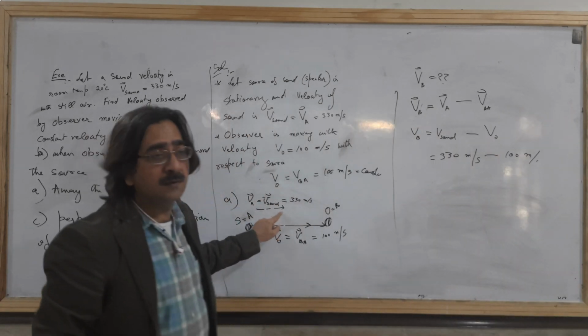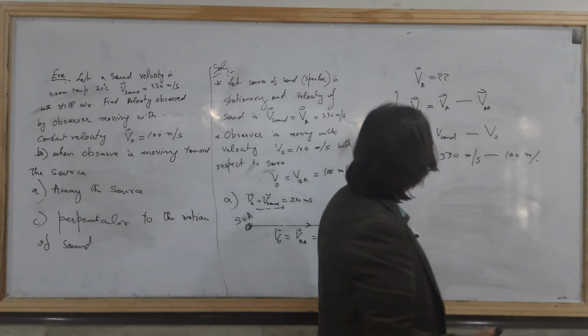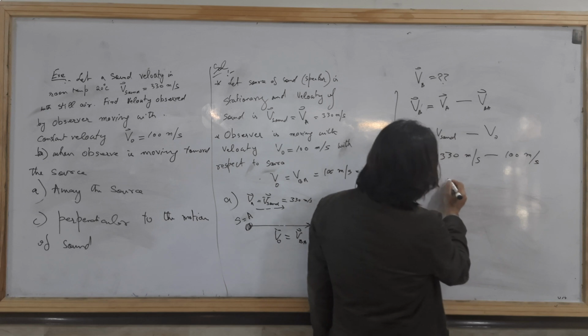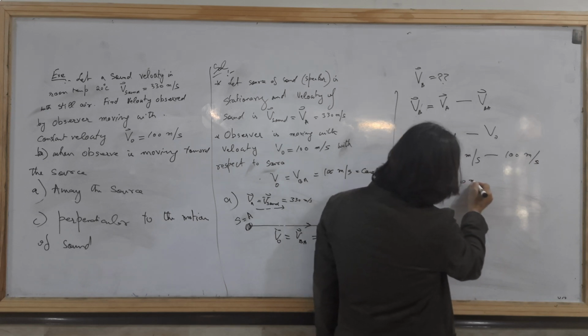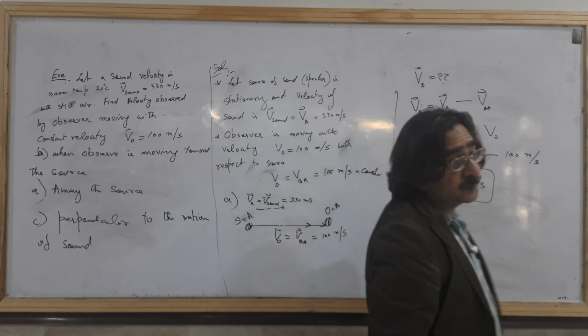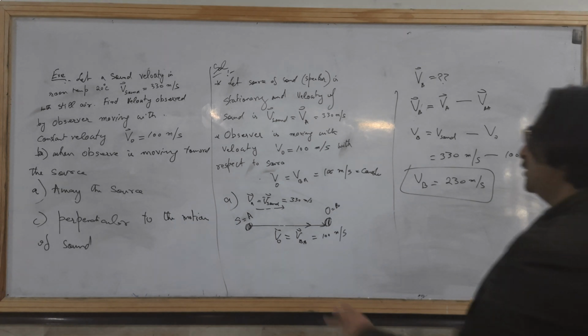The angle is 0. So the result will be 230 meter per second. That will be VB. Okay, got it? That is very simple.